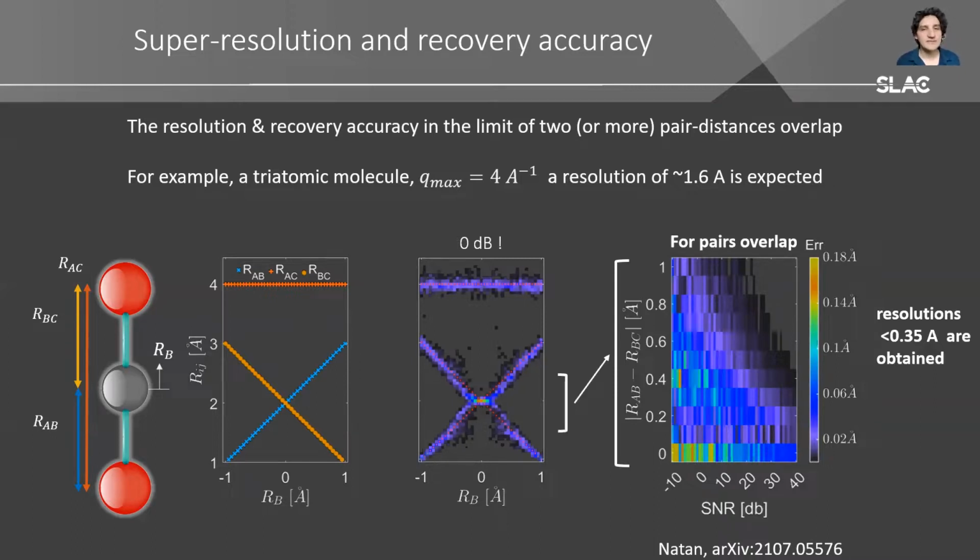For the two pair distances around the overlap point, we observed that depending on the noise level, there is a minimum separation distance of about 0.3 angstroms, below which the solutions drift towards the overlap point with a recovery error of about 0.2 angstroms. Overall, the resolution depends on the fidelity or the noise level, and we can see that across the noise range, the accuracy is always better than 0.35 angstroms.